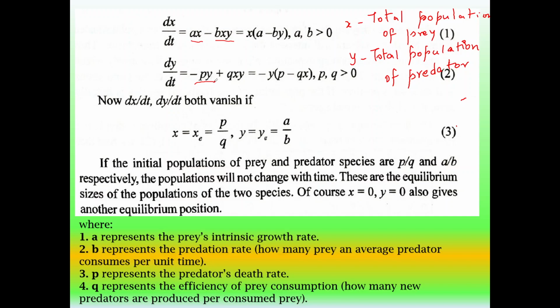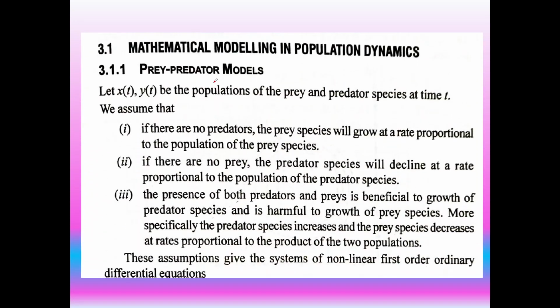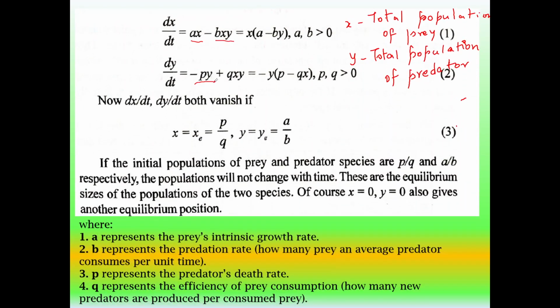Then, if there is an interaction between the two species according to the third assumption, then definitely in this case the count of the predator will be increased. Therefore, we can consider plus q into xy, where q represents how many new predators are produced per consumed prey. So according to this case, the count of the predator will be getting increased.